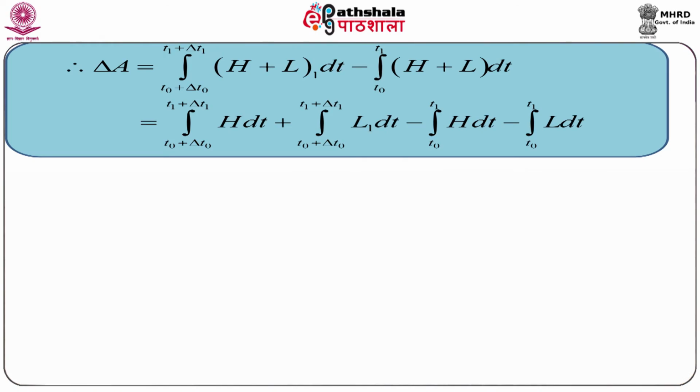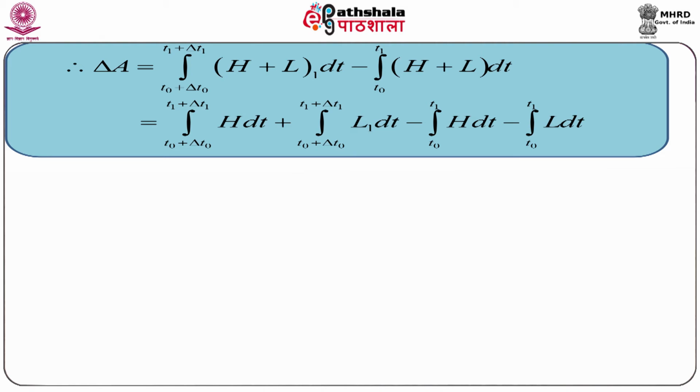Now using their relation we shall prove an important variational principle, which is the principle of least action. Now delta A is equal to integration T0 plus delta T0 to T1 plus delta T1 of H plus L1 dt minus integration T0 to T1 H plus L dt.